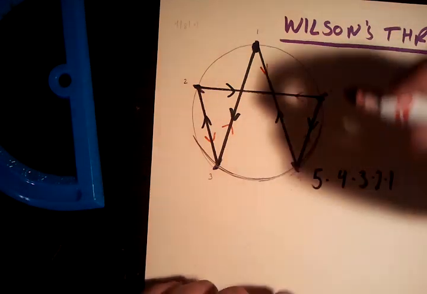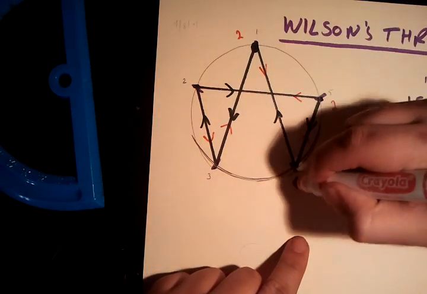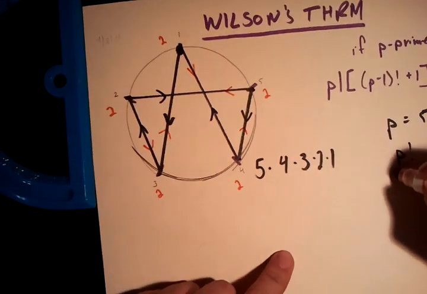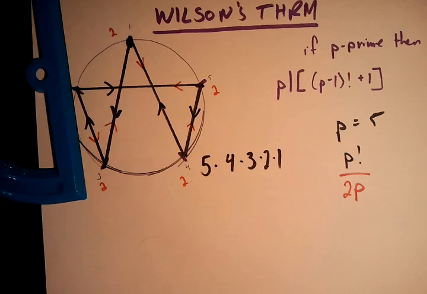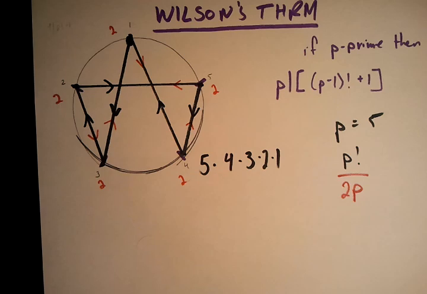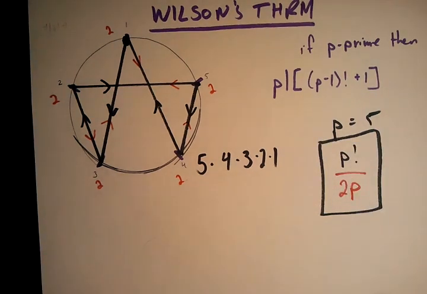So from 1, there's 2 different paths I can take to make it. From 5, there's 2, and there's 2 from each point. So we have to divide this p factorial by 2p, and that's the total number of stellated pentagons that we can make using this process. This is our first result, and we'll use it a little bit later.